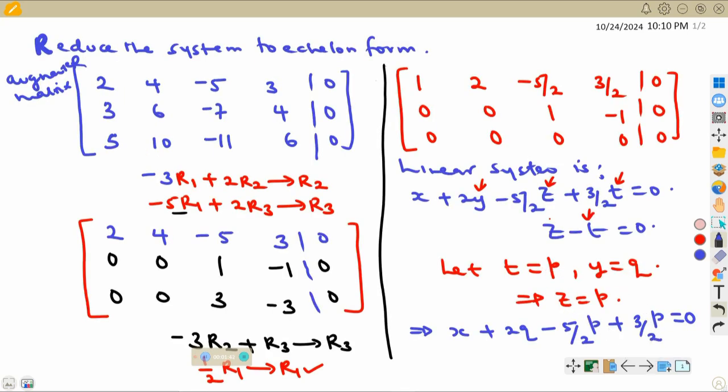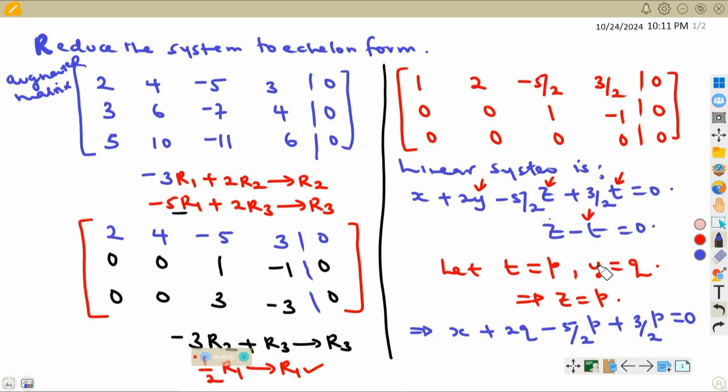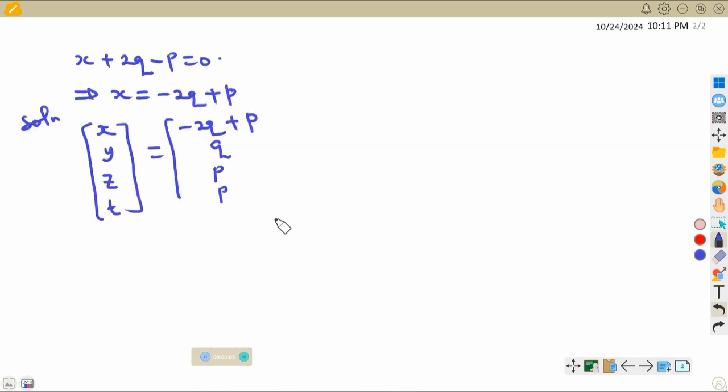Y is q. Then z is p. And t we had let to be p as well. So y is q, z is p and t is p. So that is what we are having.